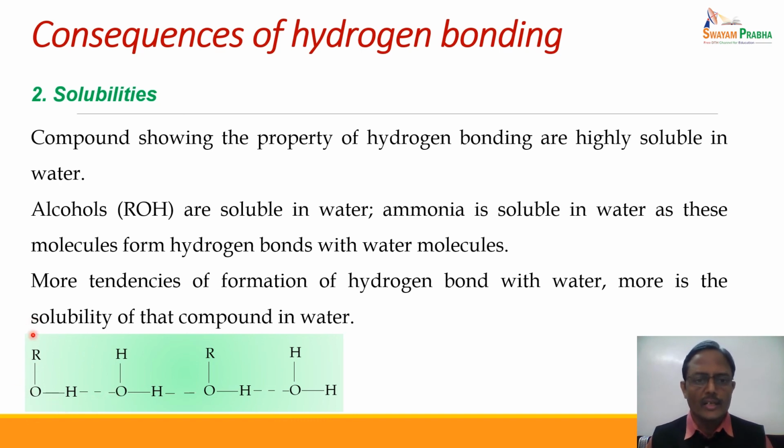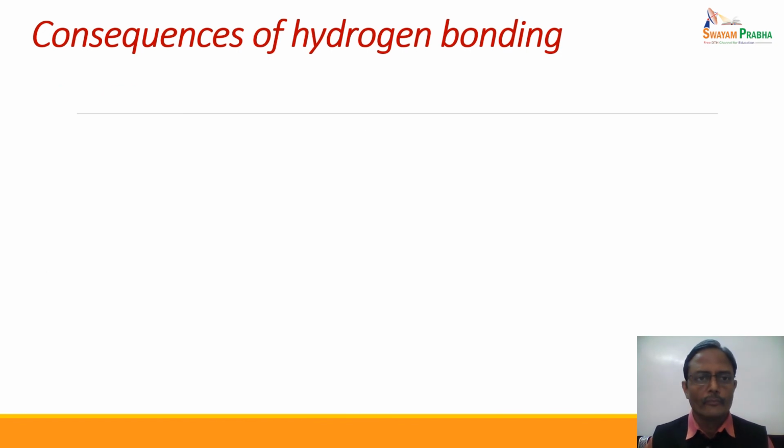Alcohols very easily dissolve in water, but those compounds which cannot form hydrogen bonds with water have very low solubility. Many organic compounds do not dissolve in water because they are unable to form hydrogen bonds. But alcohols definitely can form hydrogen bonds because of the electronegativity difference between oxygen and hydrogen.